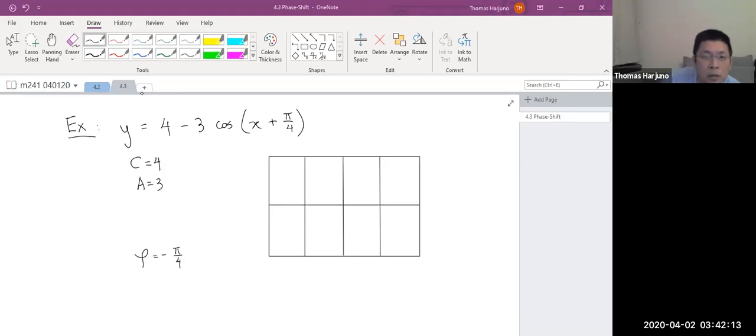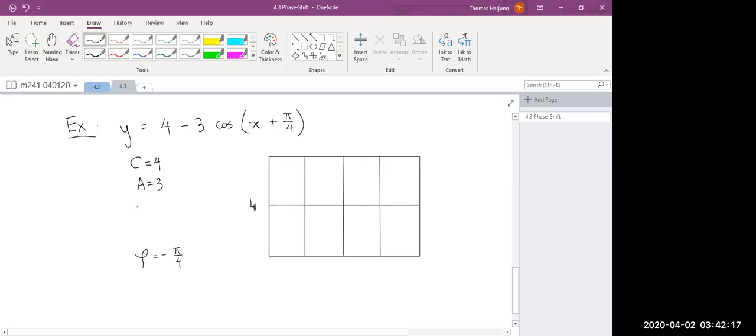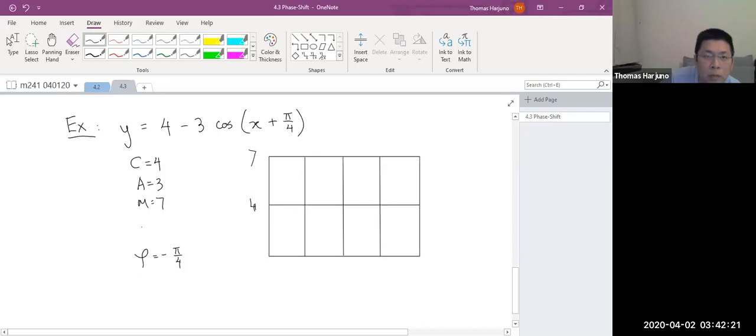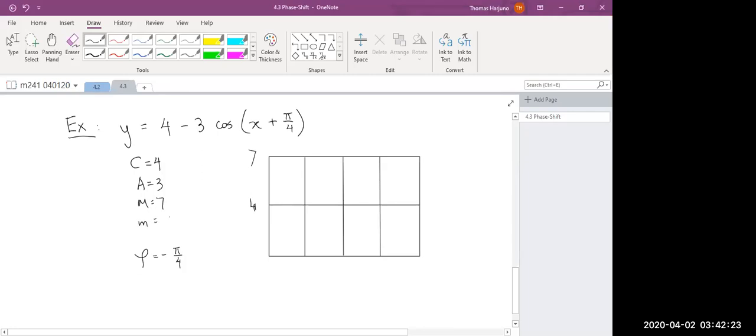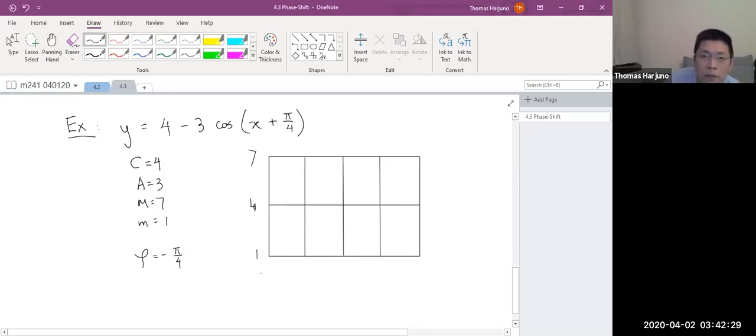The center is 4, so what's the maximum? 7. How about the minimum? 1. And the phase shift is negative pi over 4, while the period is 2 pi.